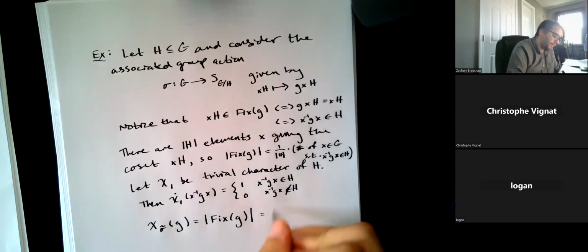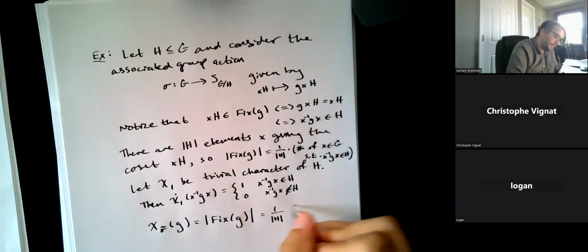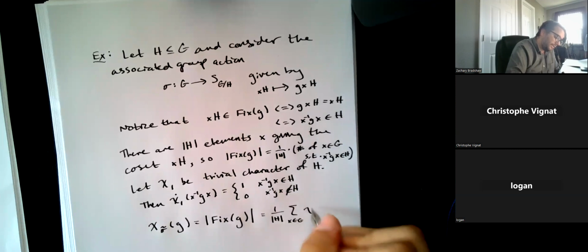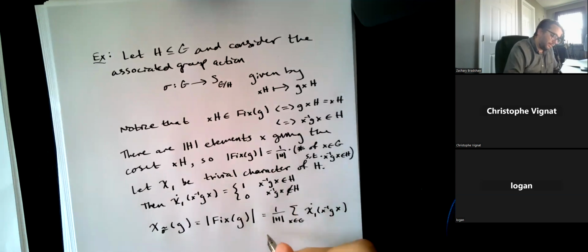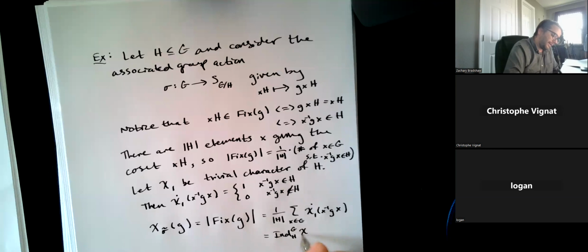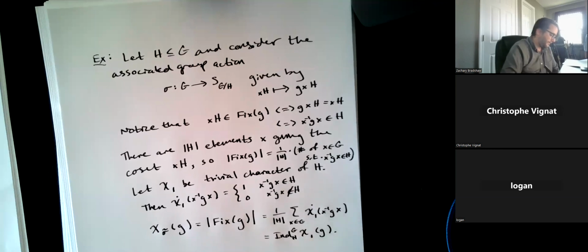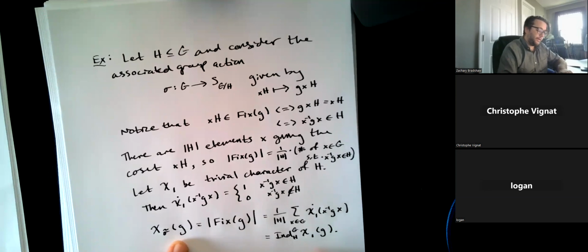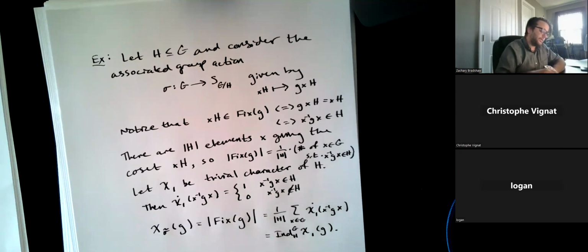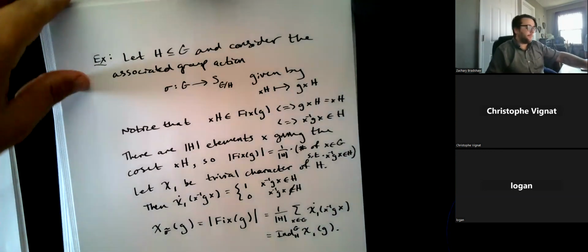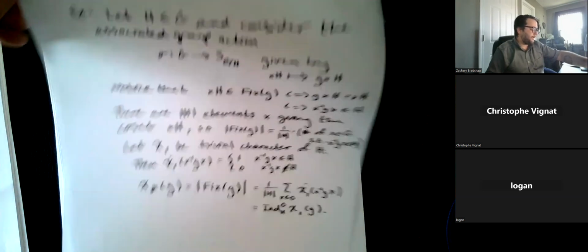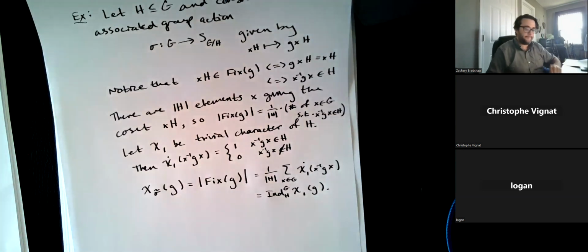And so this is 1 over the order of H, the sum over x in G of chi1 dot x inverse g x, which is equal to the induced map from H to G of chi1. So this is for any g in G, and so the induced character of the trivial character is, in fact, the character of the permutation representation, sigma tilde.